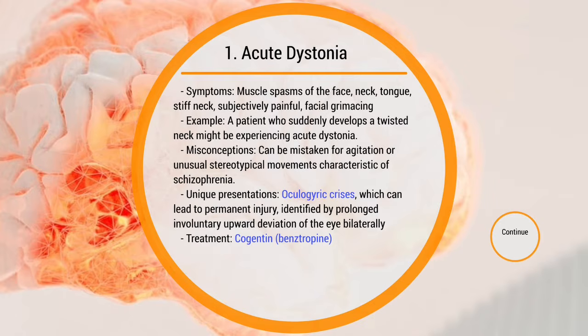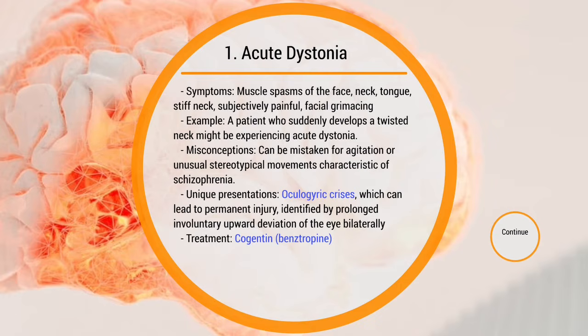Okay, and it's very painful. Facial grimaces, right? So a patient who suddenly develops a twisted neck might be experiencing acute dystonia. People may mistake this for agitation or unusual stereotypical movement characteristic of schizophrenia.